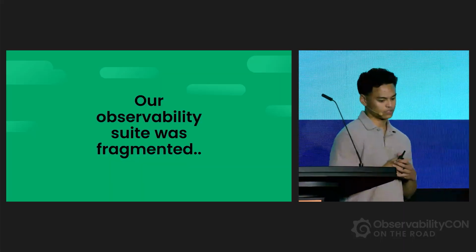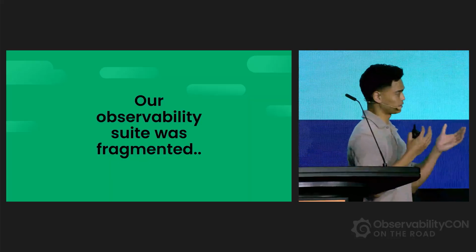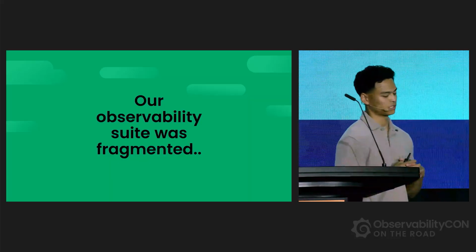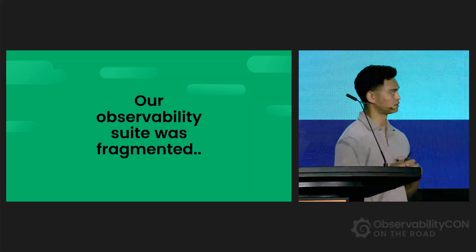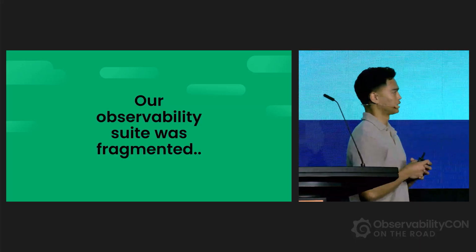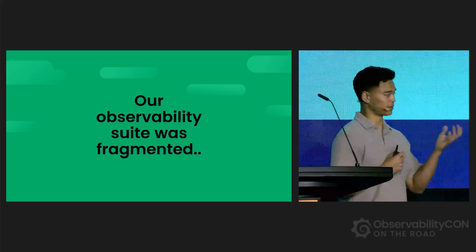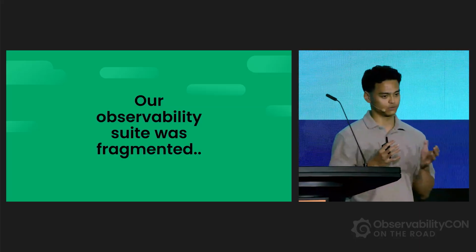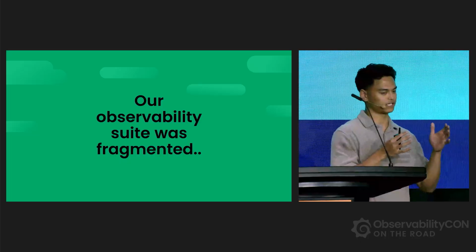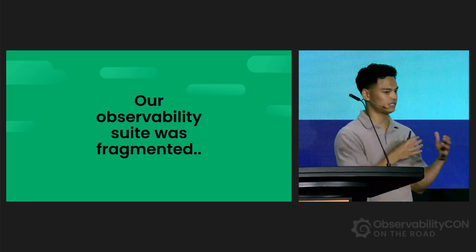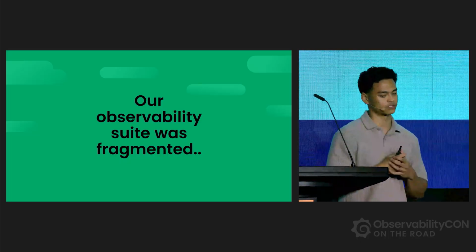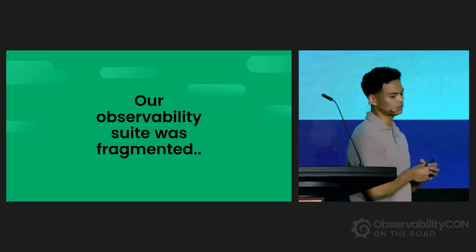As our platform continued to grow, one thing was clear: our observability was fragmented. Basically, what that means is we had a fleet of tools that did each component in isolation. So it was very hard to paint the bigger picture overall.